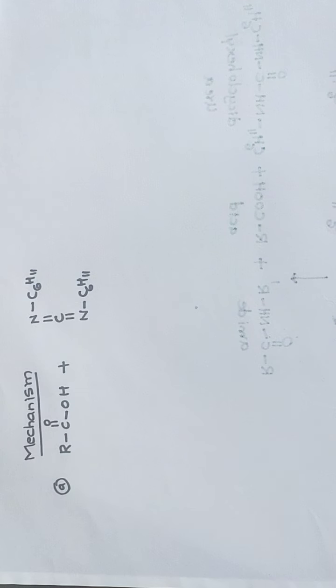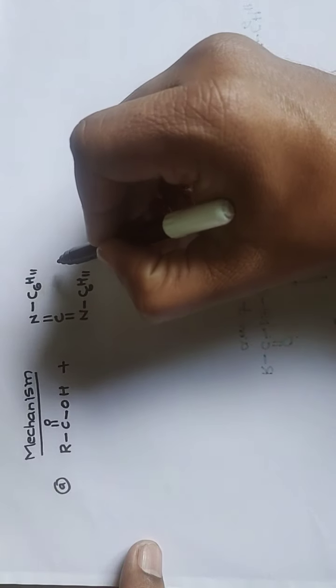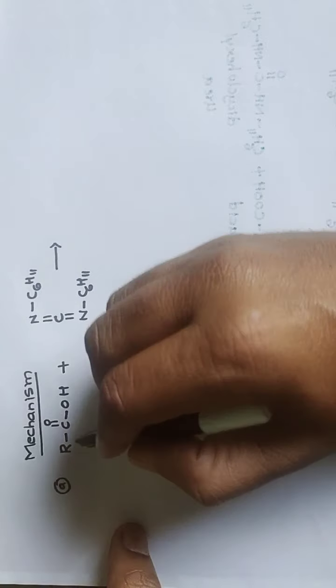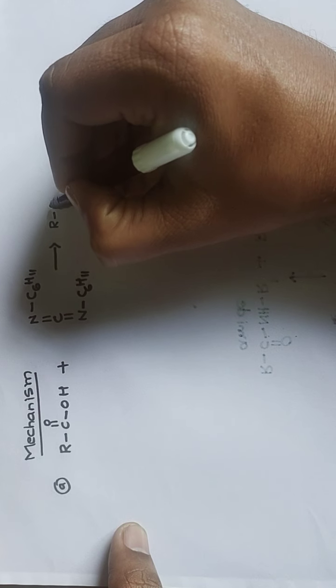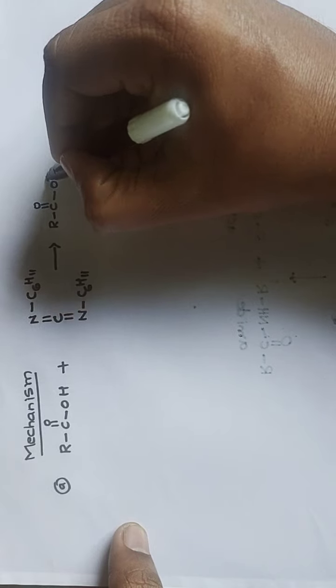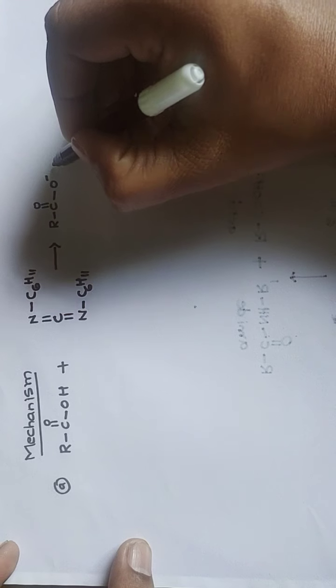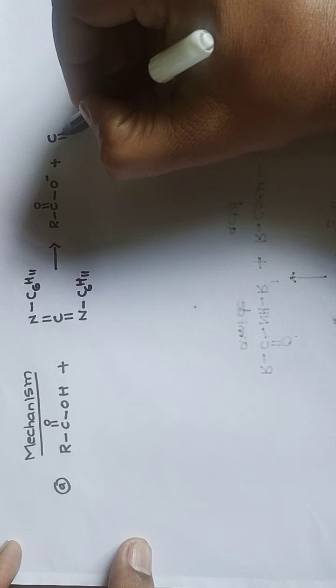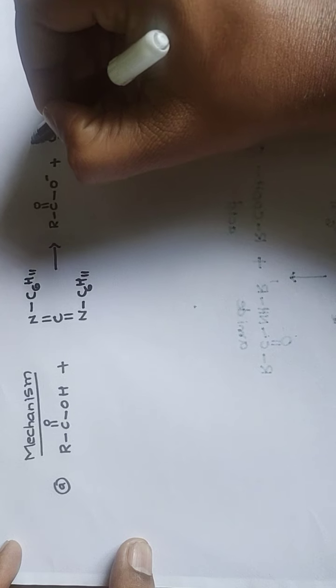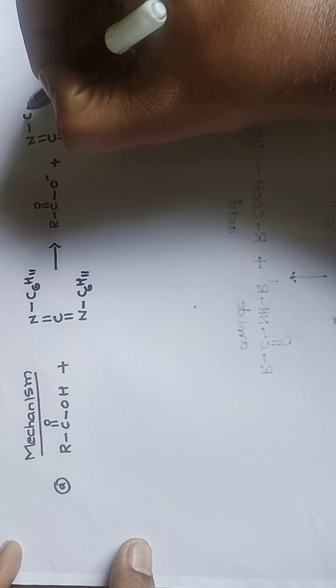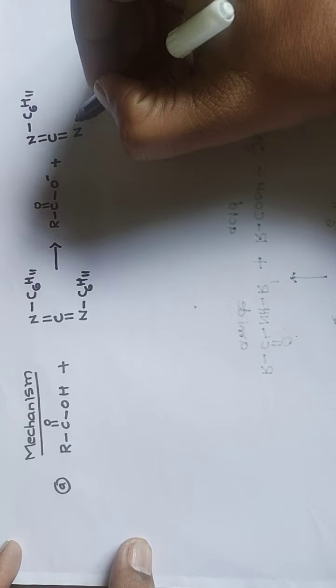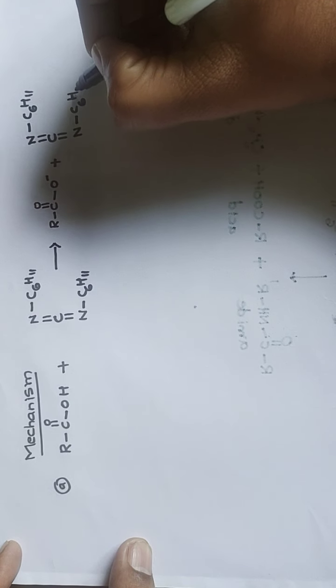Why it protonates nitrogen? Because nitrogen contains a lone pair of electrons. So this nitrogen gets protonated. So what is the product that you are going to get? You get R C double bond O, O minus will be left because H plus has been released, plus C6H11 N double bond C double bond N C6H11, right?